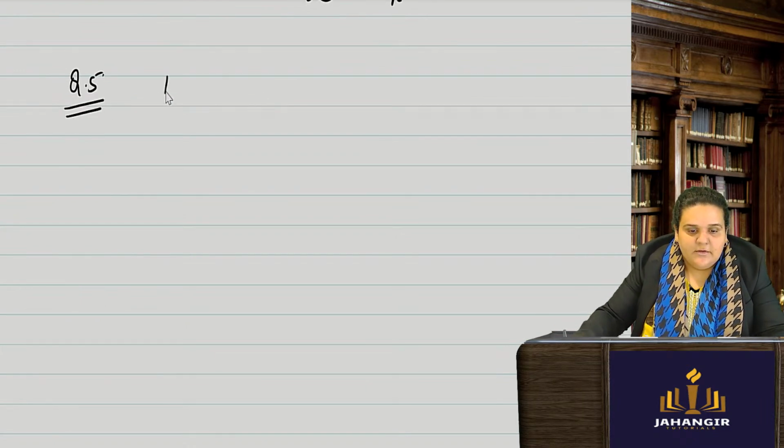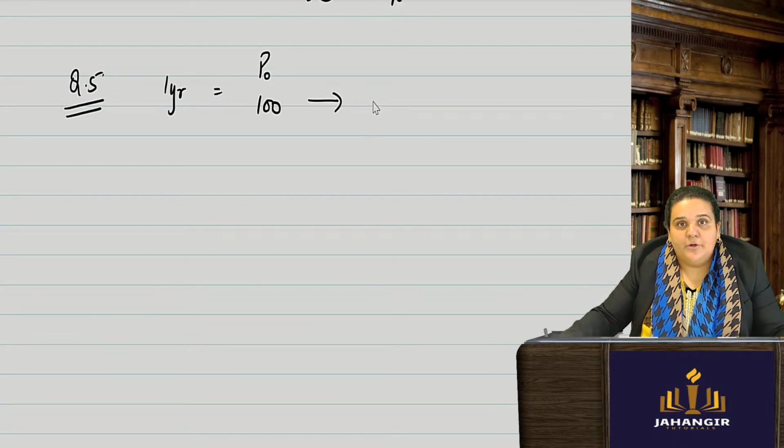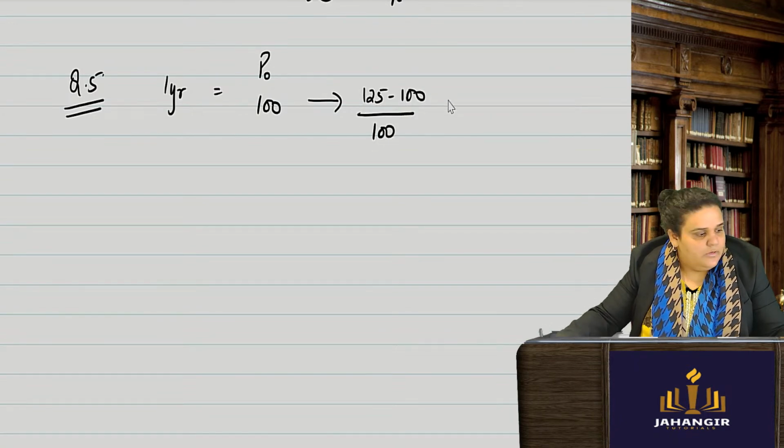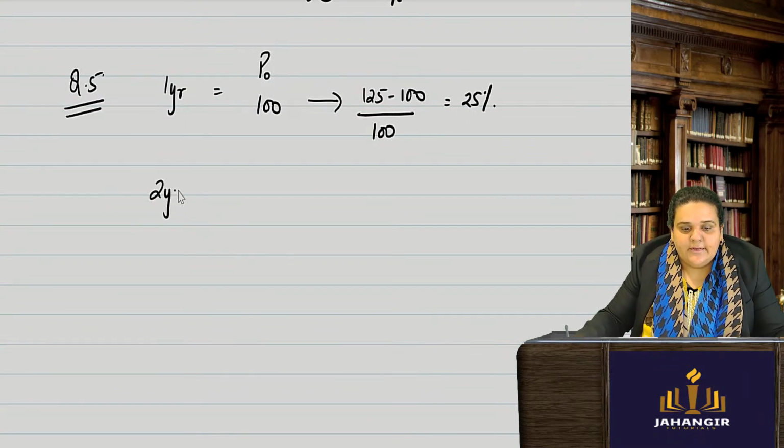Now see, in year 1, the price today was 100, P0 is 100. It has grown and become 125. So if I want to find the increase, it will be 125 minus 100 divided by the base P0, which is a 25% increase. In the second year, P0 was 125.